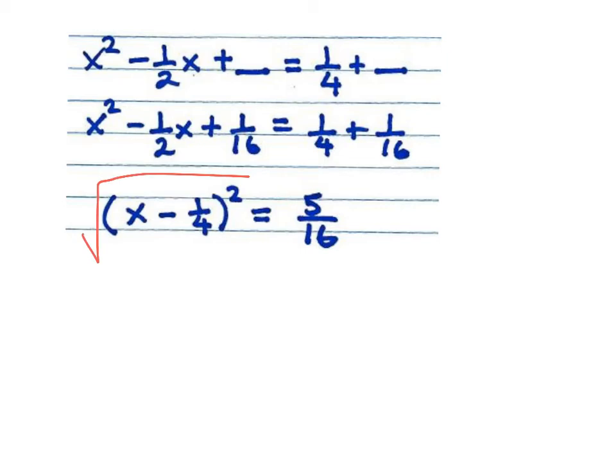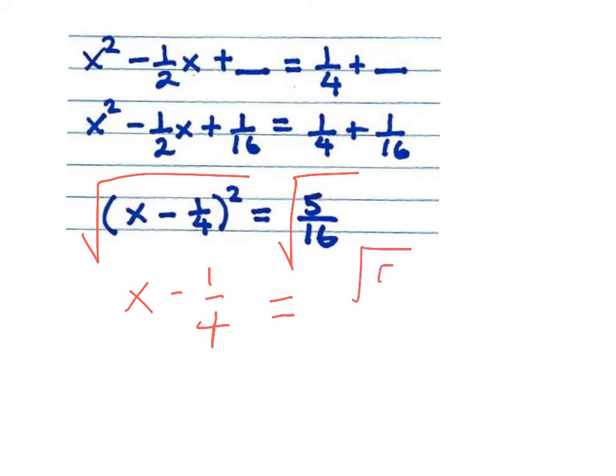Square root like that. Now you have to remember that this square root will make this square go away. So you'll be left with x minus 1/4 on the left side. And then you're going to have to separate the square root over there.